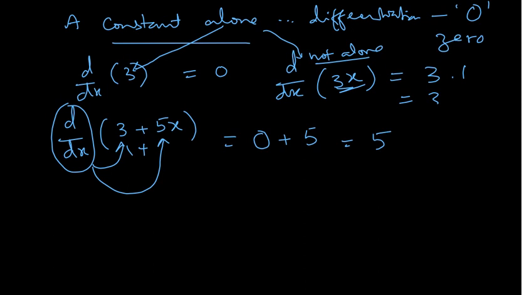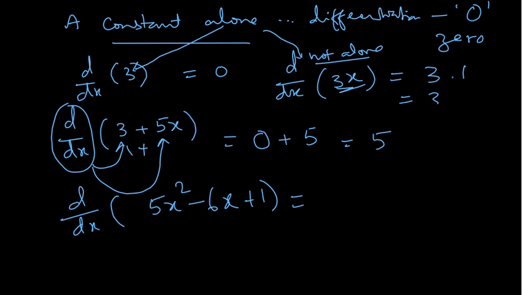Okay. Now I'll take a little complex one. D by dx of 5x squared minus 6x plus 1. Do you think you can do it? You can tell me the answer.